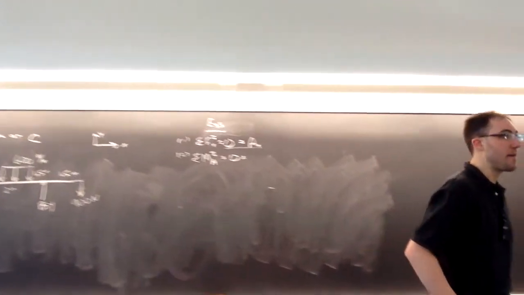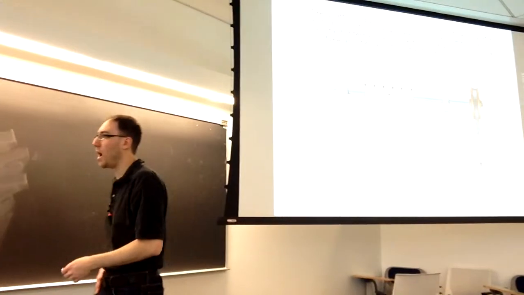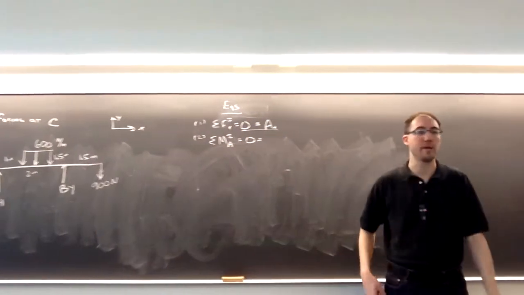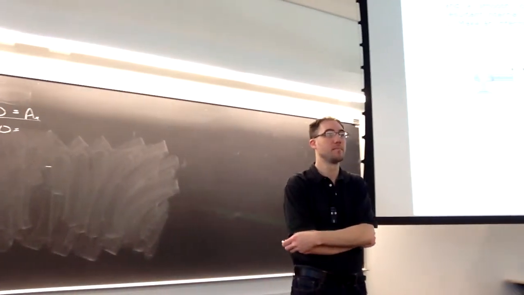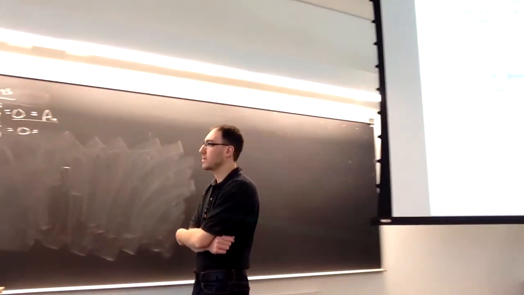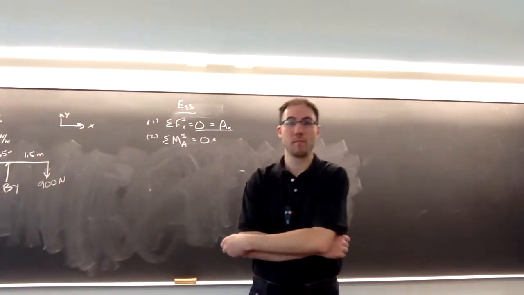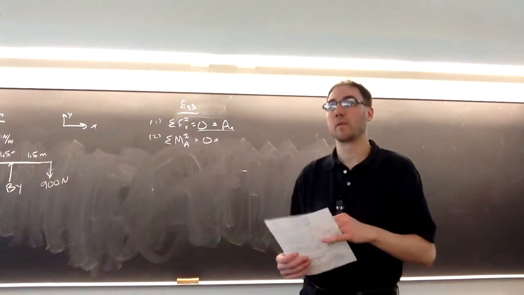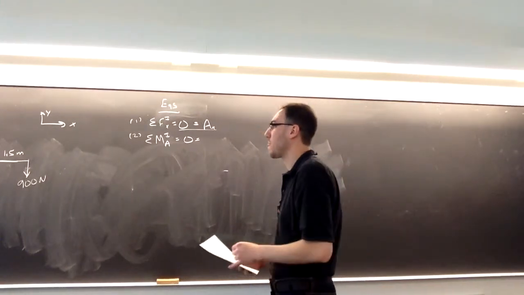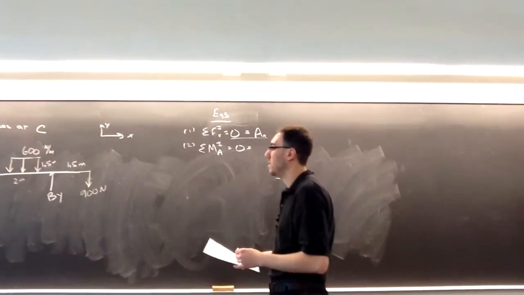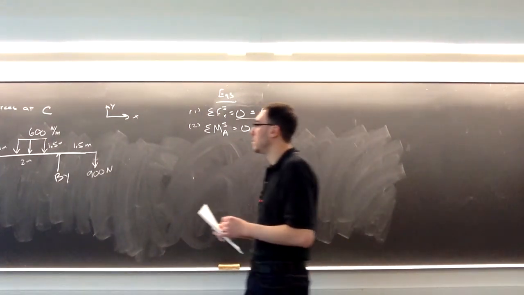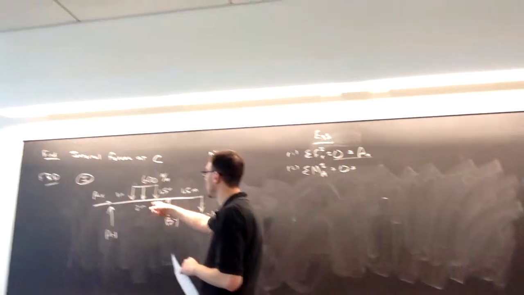If we sum moments around A in picture 1, we're going to be able to find the unknown BY. So summing moments around A, what are the sum of moments around A going to be in the first free body diagram? Negative 600 times the 2 meters.